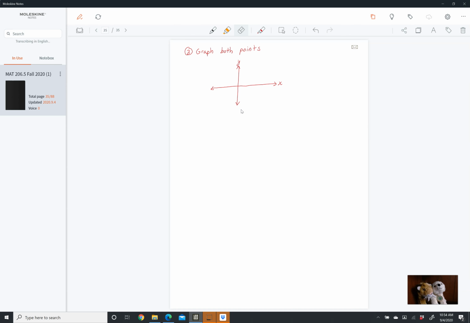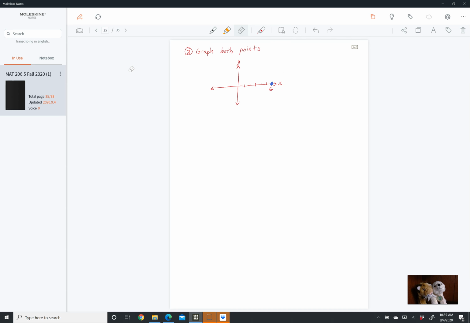And we can plot each point. So we have (6, 0). You don't have to label in a sketch. You don't have to label every one of these tick marks. Okay, so we have our (6, 0) would be over here. That's our first point. That's our x-intercept.